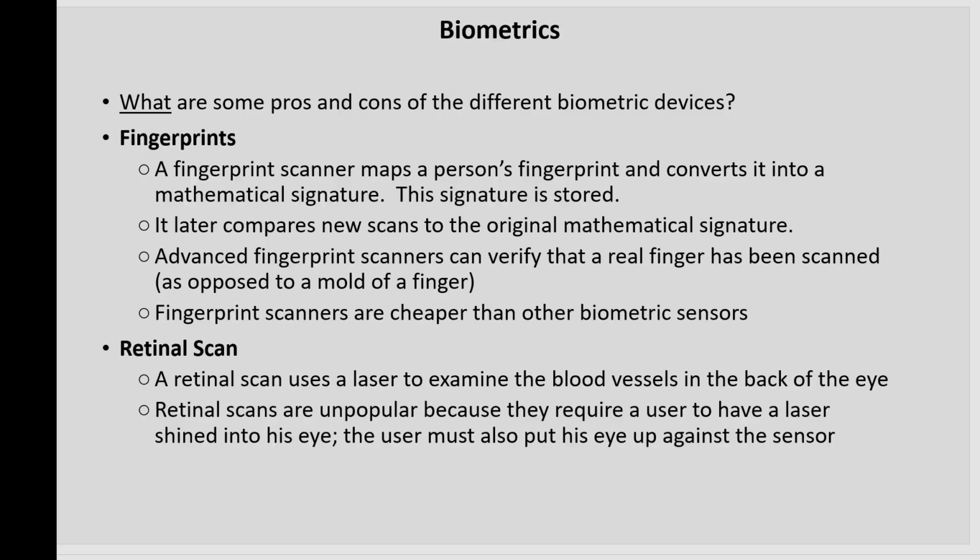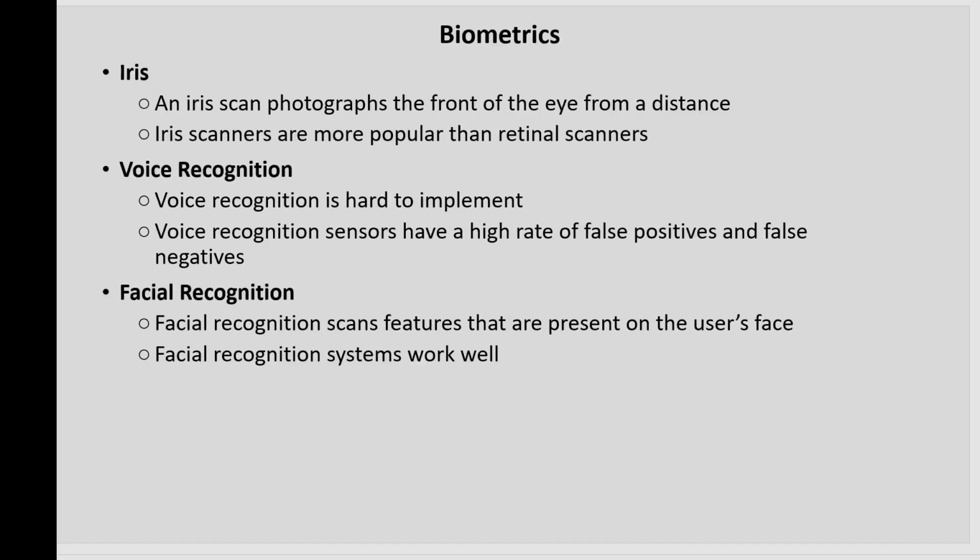And the retinal scan uses a laser to examine the blood vessels in the back of the eye. Retinal scans are unpopular because they require a user to have a laser shine into his eye, and the user must also put his eye up against the sensor. An iris scan photographs the front of an eye from a distance, and iris scanners are more popular than retinal scanners.